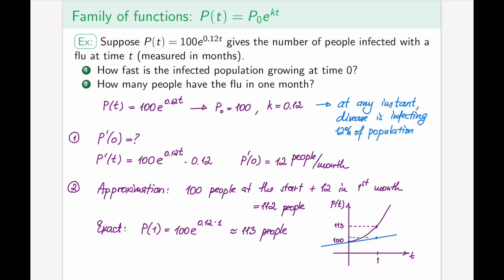And this is exactly what produced a smaller number, 112. As I said, the graph is not to scale, it's for illustrative purposes. But we can see clearly that the tangent line will lie below the curve, and therefore our approximation or intuition will produce a smaller number than what the model predicts.